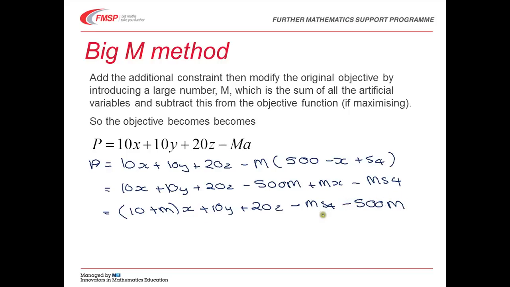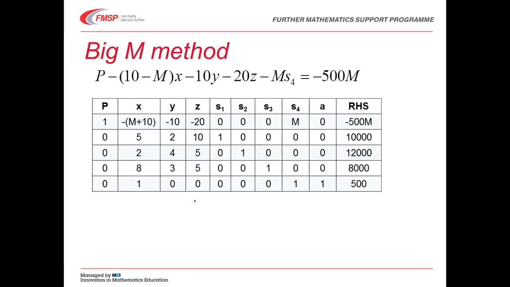And rearranging it is going to give all of this stuff here on the same side as P. So putting that into the Tableau, it would look like that. And that's a perfectly acceptable alternative.